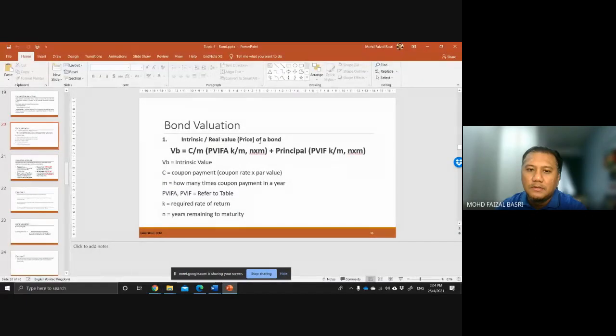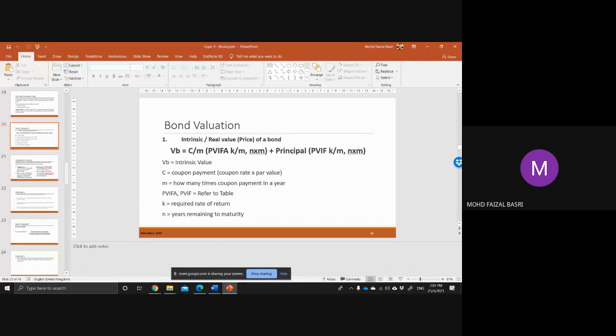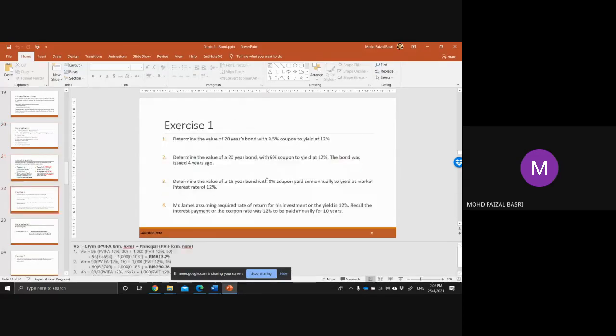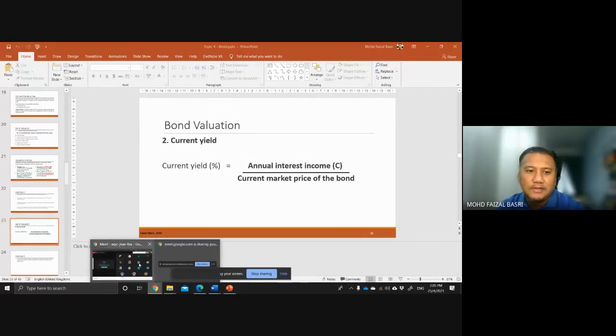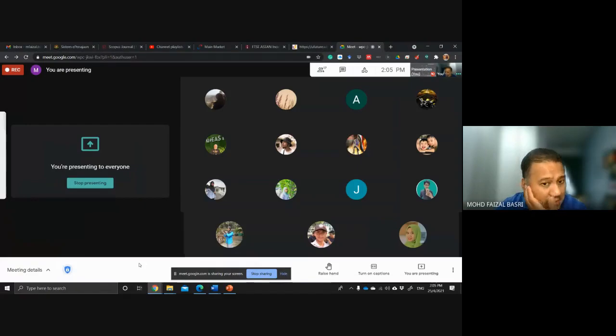I know we've discussed about the intrinsic value of the bond. But have we discussed this one tak? Currently ke belum?